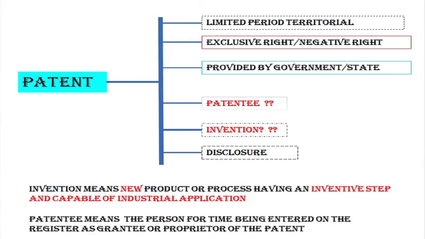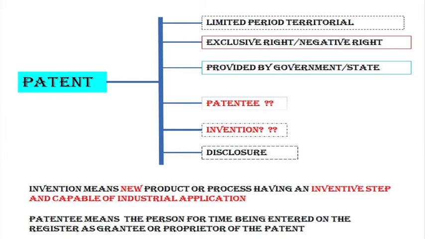Now, I will explain what you mean by invention and what you mean by patentee. In the present day context, invention means a new product or process having an inventive step and capable of industrial application.